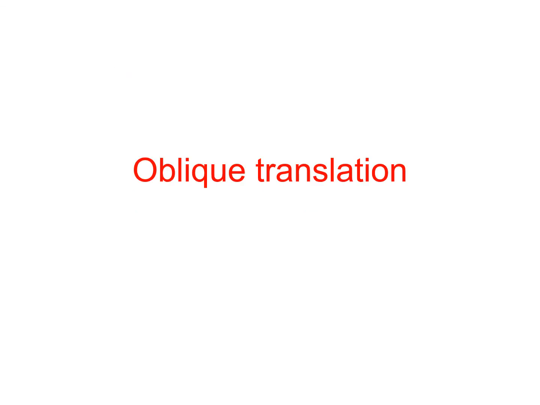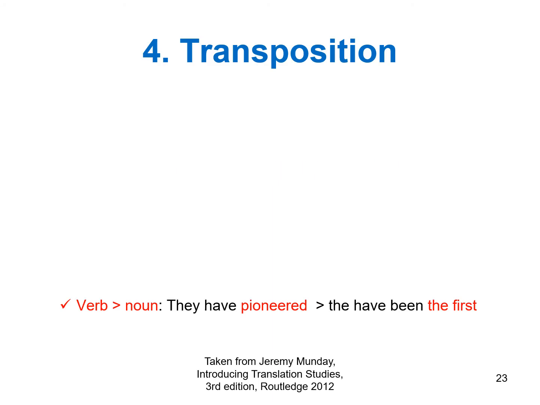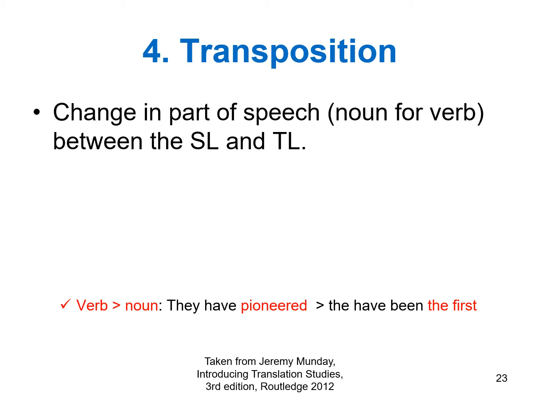So if it's not possible, Vinay and Darbelnet allow for the implementation of oblique translation, a freer translation approach. Within this approach, they list a few famous procedures. The first one of which being transposition. Transposition involves a change in part of speech.